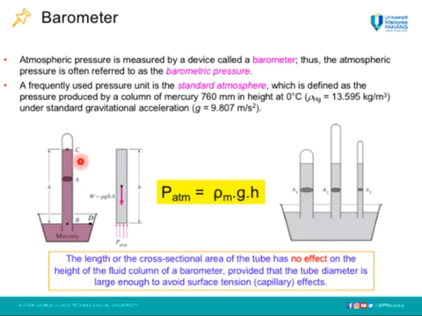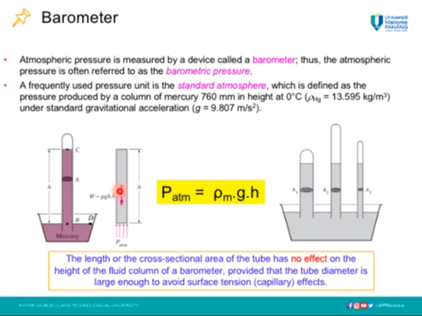So here we can see that the weight of this part of mercury equals the force due to the atmospheric pressure. Writing a force balance in the vertical direction gives this equation, where rho is the density of the mercury, g is the local gravitational acceleration, and h is the height of the mercury column above the free surface.